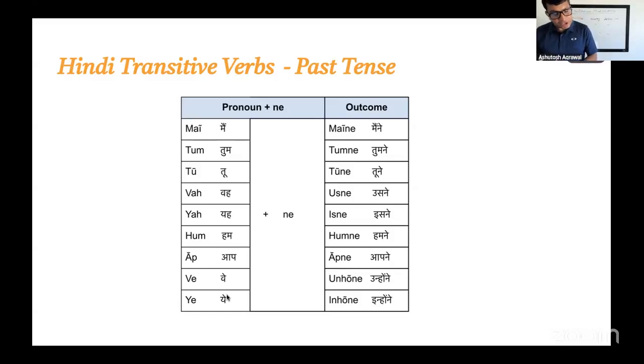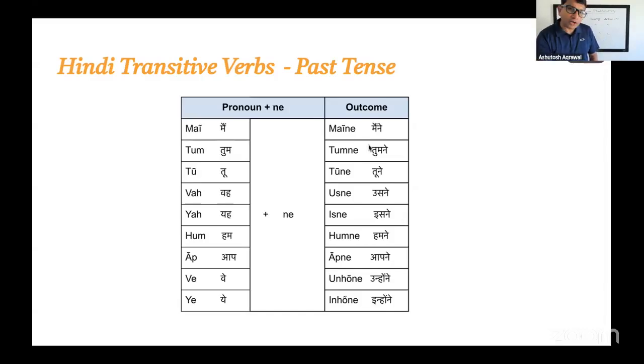So you can take a screenshot or you can watch it in the recording, but it's very important that these come naturally to you. Even if you say it out loud, it automatically becomes part of the list: मैंने, तुमने, तूने, उसने, इसने, हमने, right? These are the pronouns where the ne is embedded in them, like मैंने खाया.